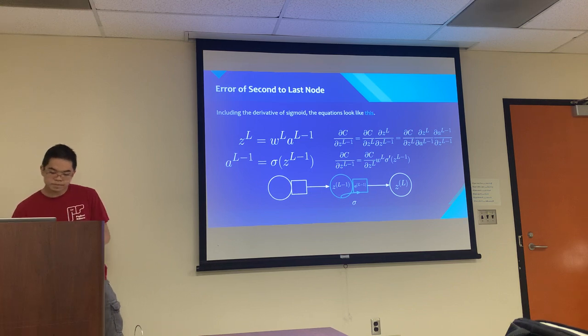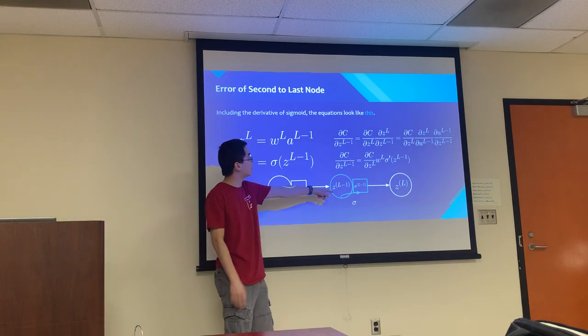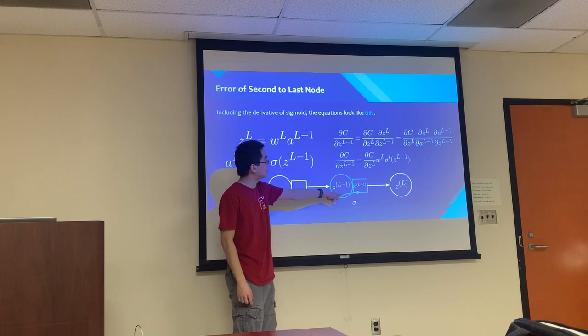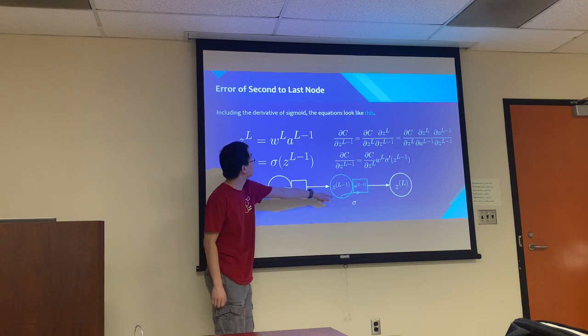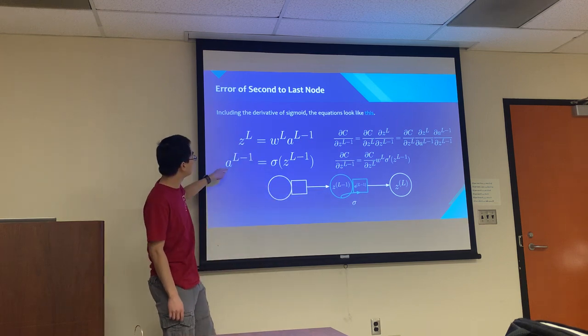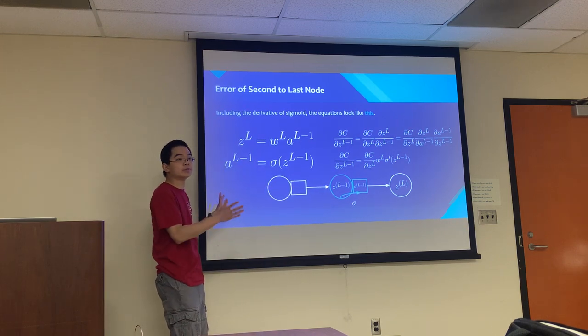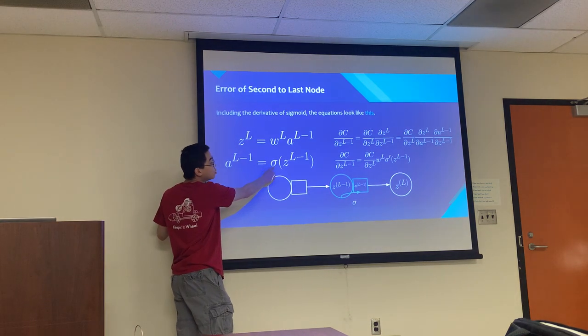Because we had an activation function thrown in here, it's going to get a little bit messy, but let's say our activation function was indeed sigmoid. We have A, which is the result of the sigmoid being applied.